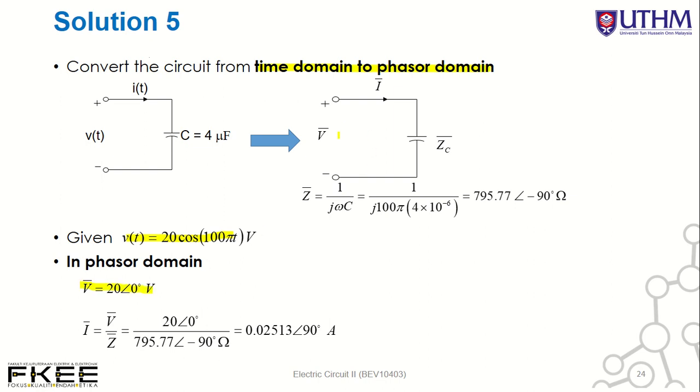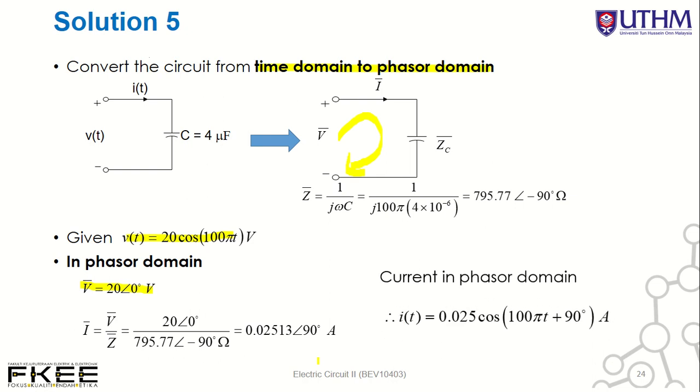From the circuit you can apply Ohm's law. V equal to ZI. So I equal to V divided by Z, then you can get the current in phasor domain. Then you can transform from phasor domain back to time domain.